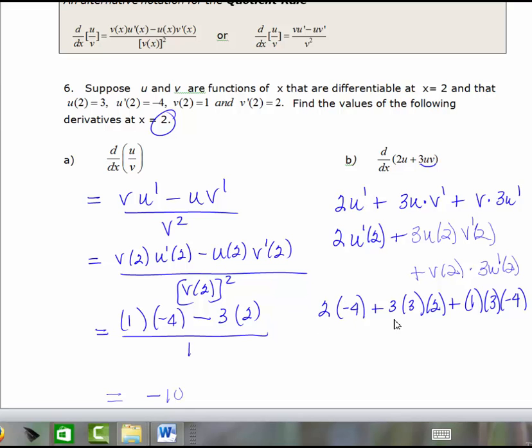Substituting in all the values, we get negative 8 plus 18 minus 12, which gives us negative 2. And again, I like these problems because, without actually having a function, you can really demonstrate that you know the quotient rule and the product rule and how to work with the notation of calculus.